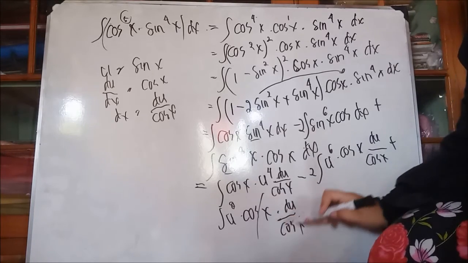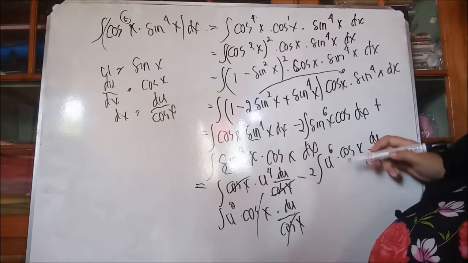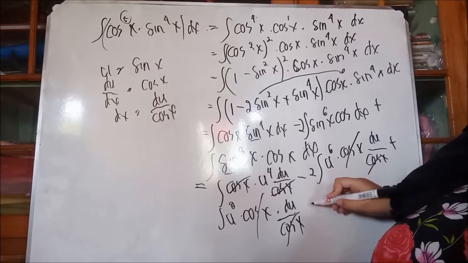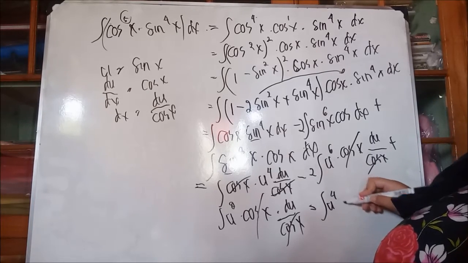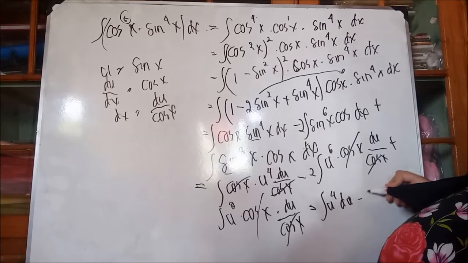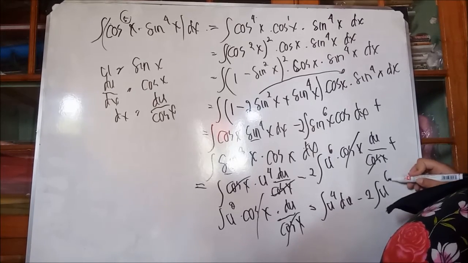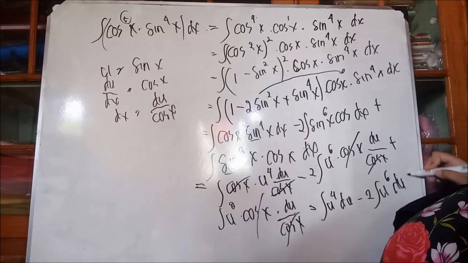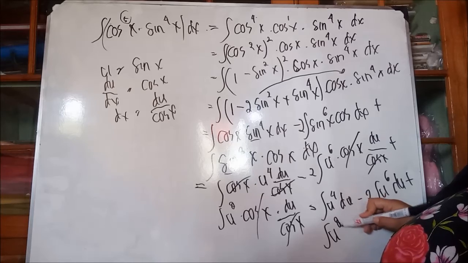So we can eliminate this, and then eliminate this. So we just have the integral of u to the power of 4 du minus 2 integrals of u to the power of 6 du plus the integral of u to the power of 8 du.